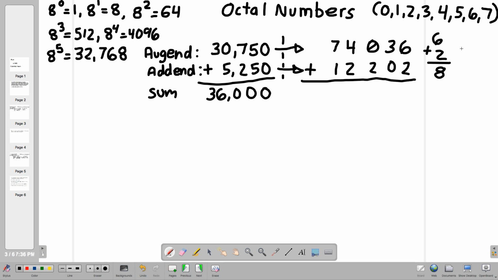And what we do is we say 8 divided by 8. And that goes in one time. And 1 times 8 is 8. And we subtract 8 from 8, and that leaves a value of 0.